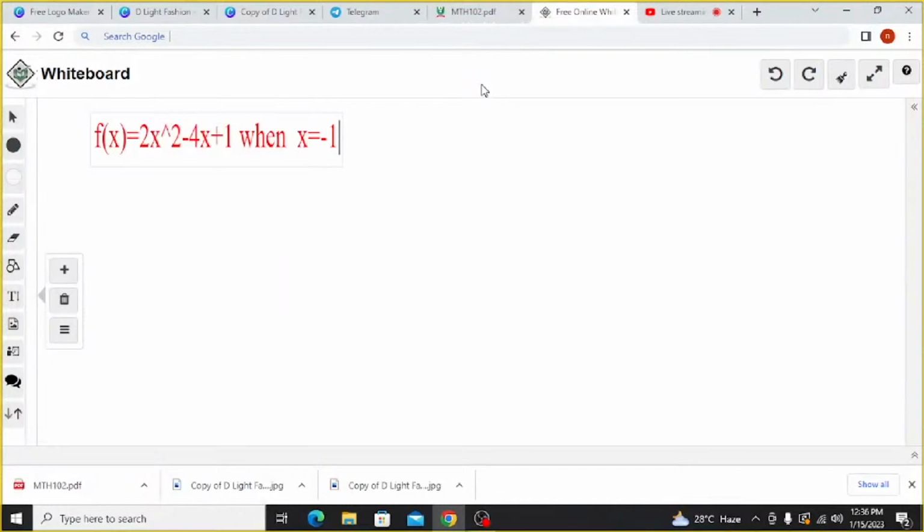So when x equal to -1, what is our function? Our function is now equal to 2, and you will use this -1 to replace the x, because our x is our input.